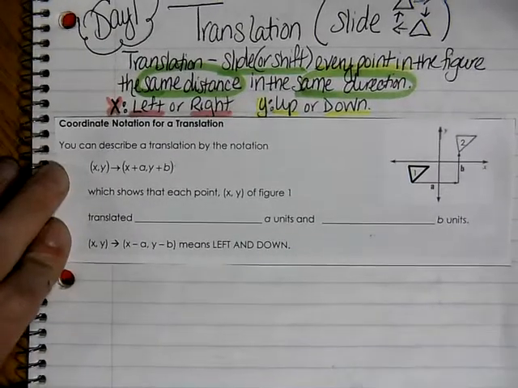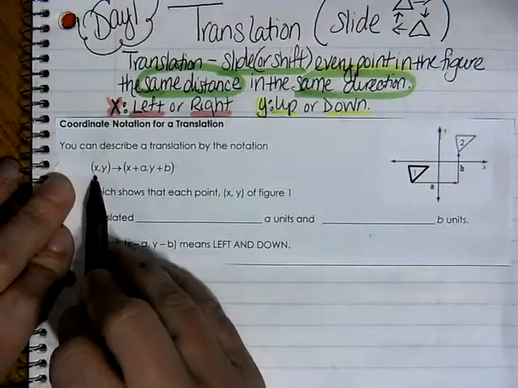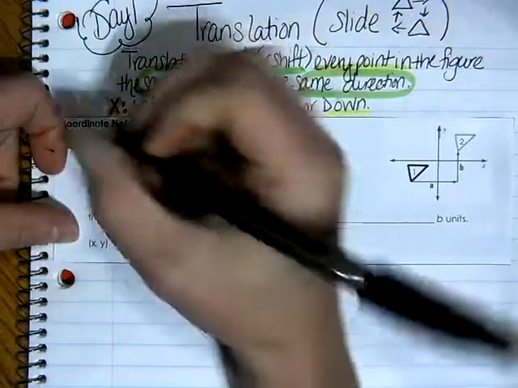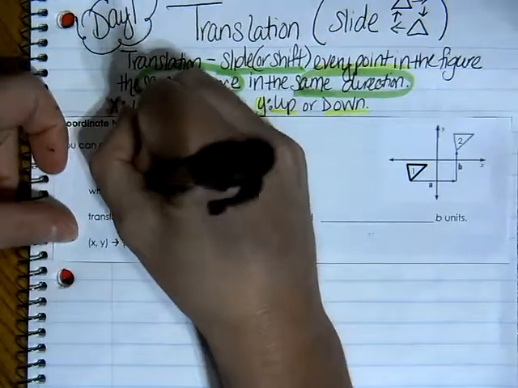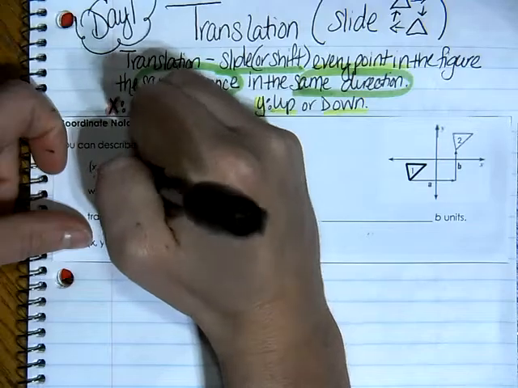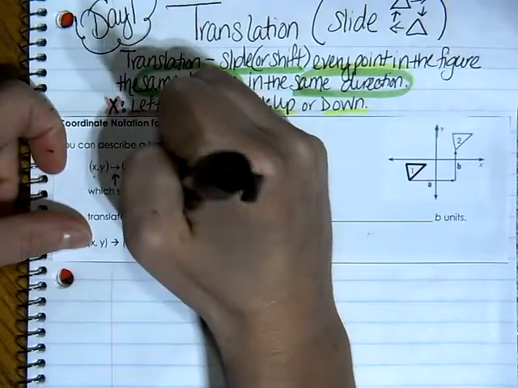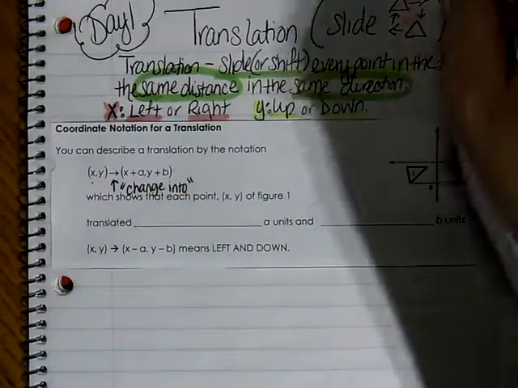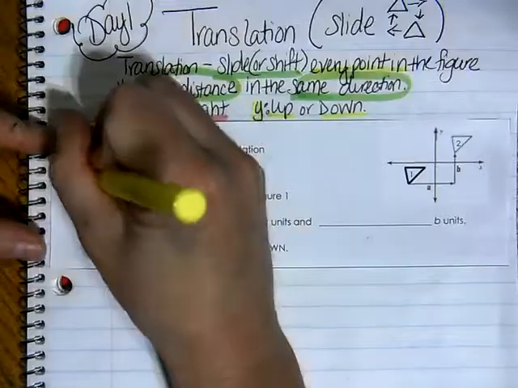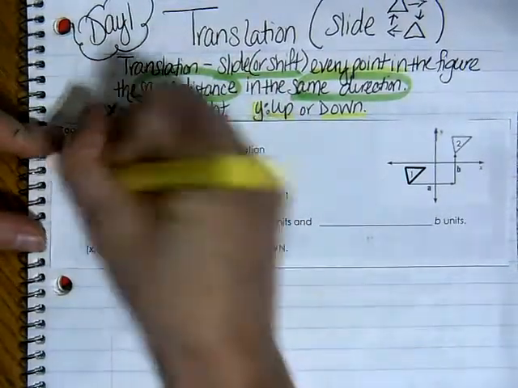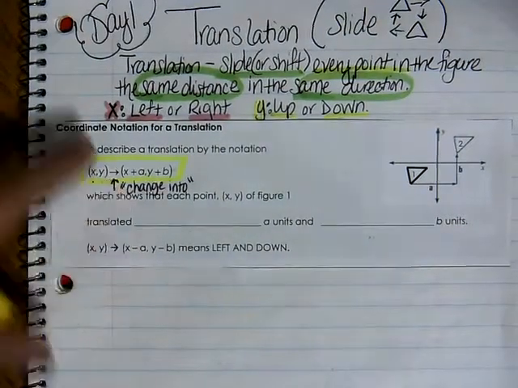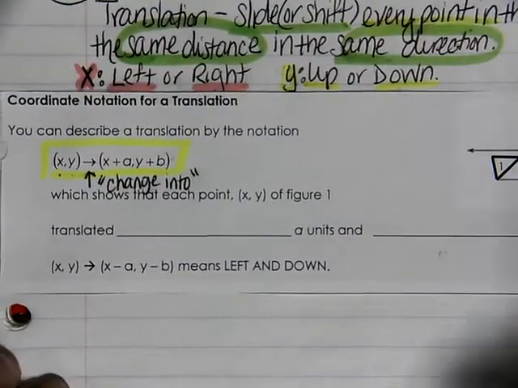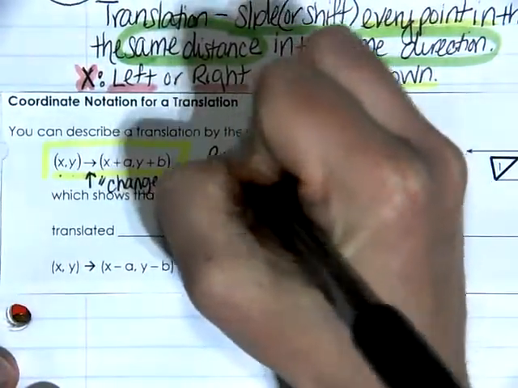You can describe a translation by the following notation. (x, y) changes into, so this arrow means changes into, (x + a, y + b). This whole piece, where you have a coordinate of (x, y), an arrow meaning changes into, and (x + a, y + b), represents a rule.